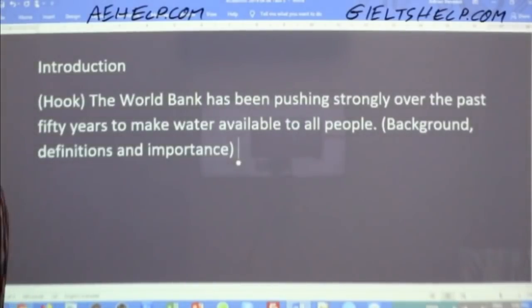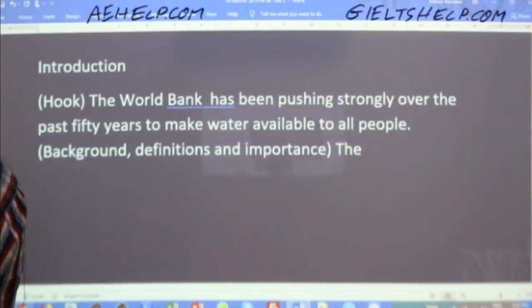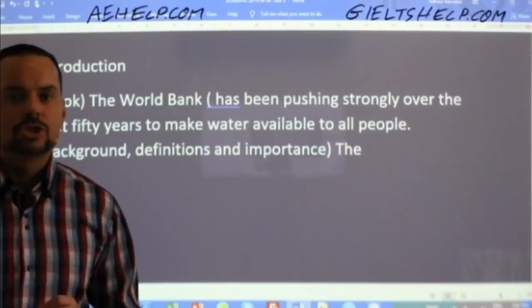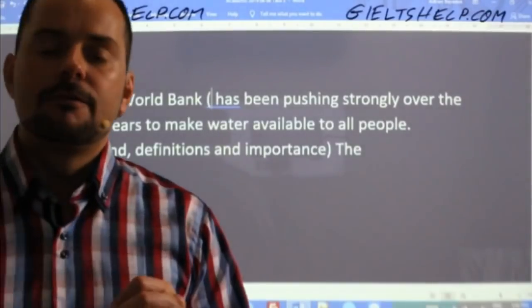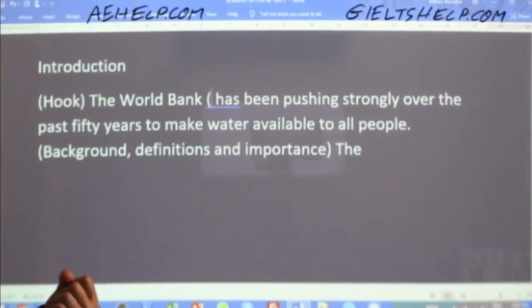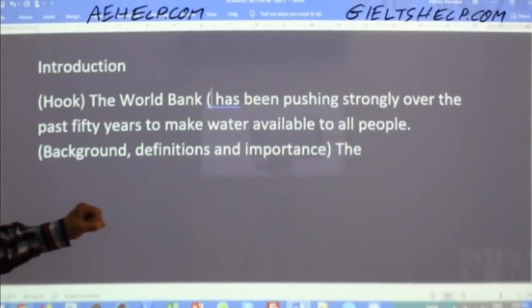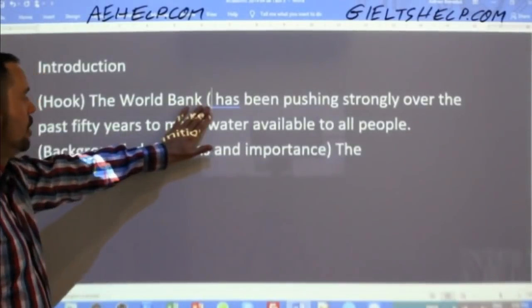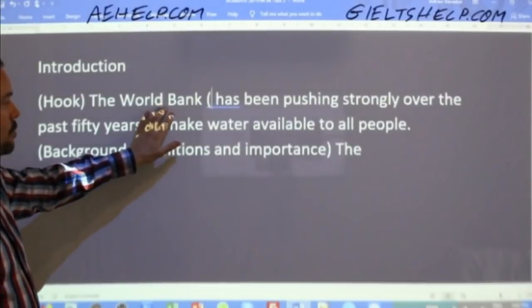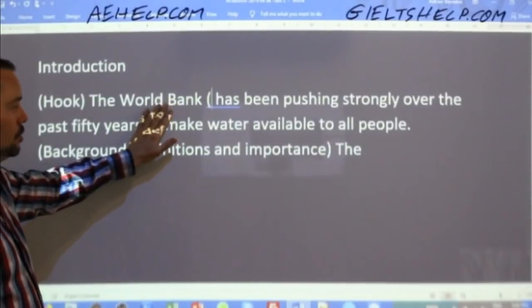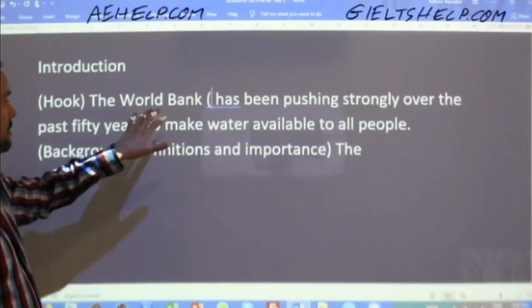Now I don't want to write World Bank in an essay like this again and again. So there's a really cool trick that you can use for good academic writing, which is to create an acronym for a word or a set of words that you're going to commonly use, right at the very beginning, the first time you use it.